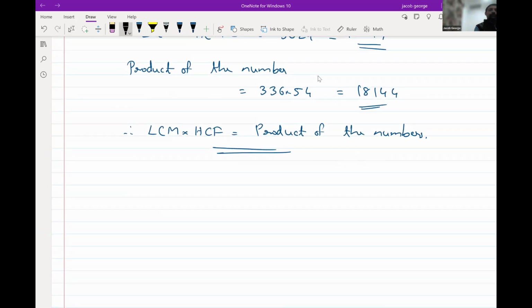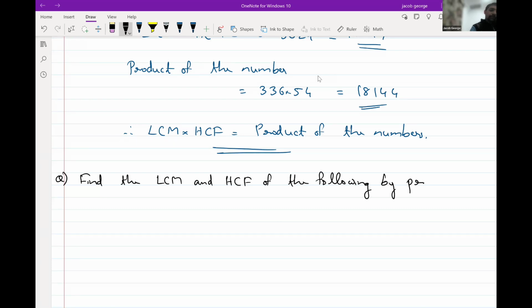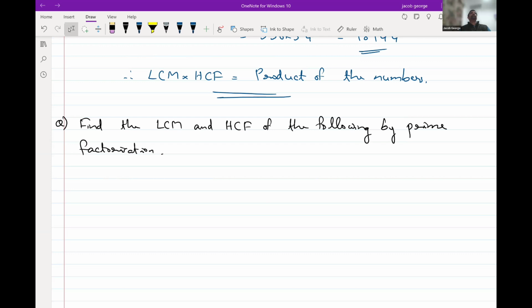Please write: Find the LCM and HCF of the following by prime factorization.